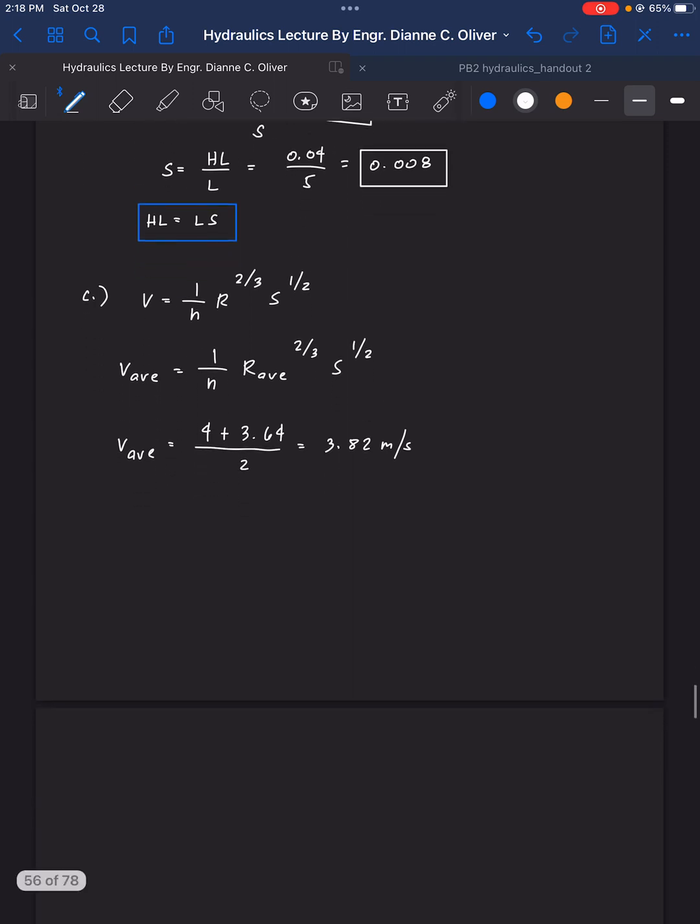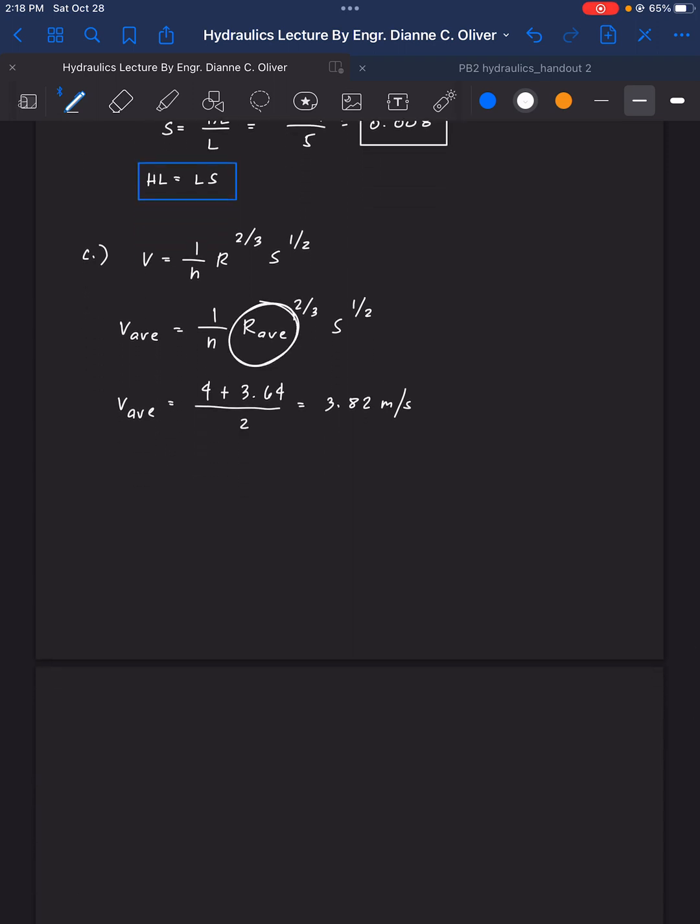For R average, we need R1 and R2, because R average is equal to R1 plus R2 divided by 2.